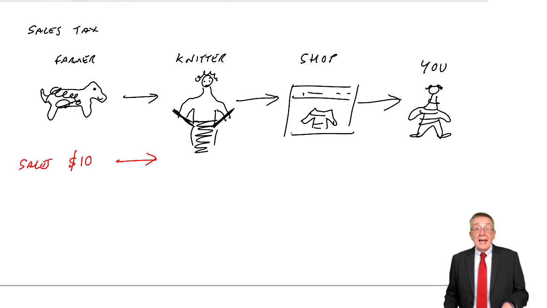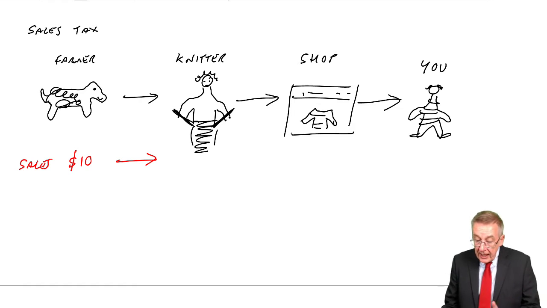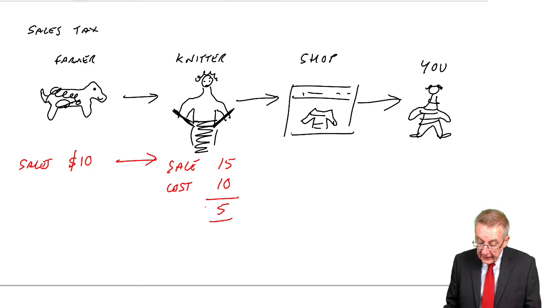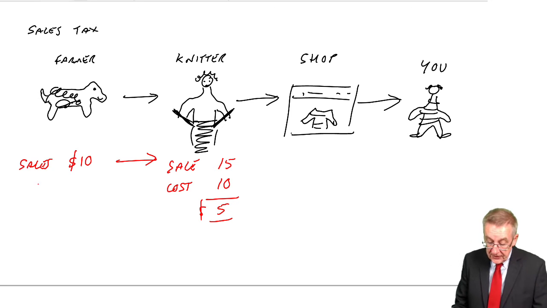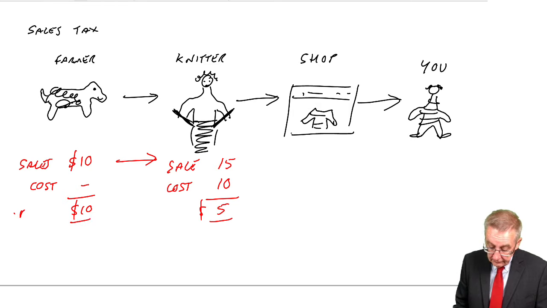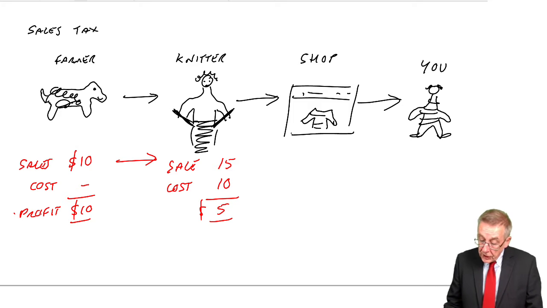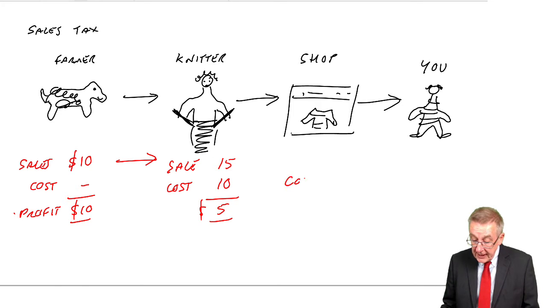What about the knitter? Well, again, forget any other costs the knitter has. The knitter obviously had to pay $10. They want to make a profit. And so maybe they sell it to the shop for, what shall we say, $15. And they make a profit of $5. The farmer, I'm saying, had no costs, so they made a profit of $10. The shop had to pay the knitter $15.